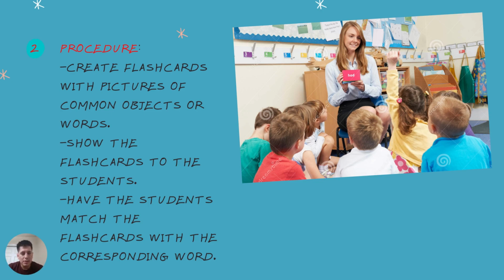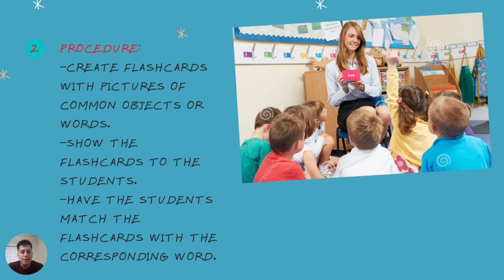Okay, process. How to carry out this task. First, the teacher should create some flashcards with pictures of common objects or words. For example, orange, apple, a dog, a cat, a car, etc., which are appropriate for the level of the students.